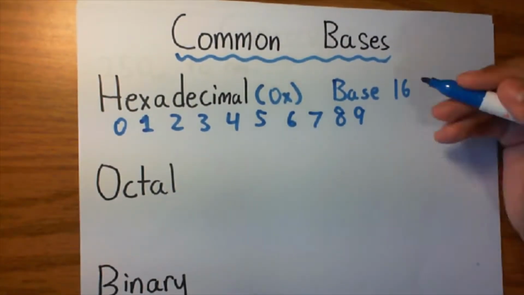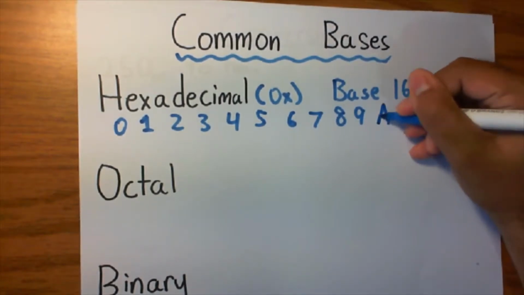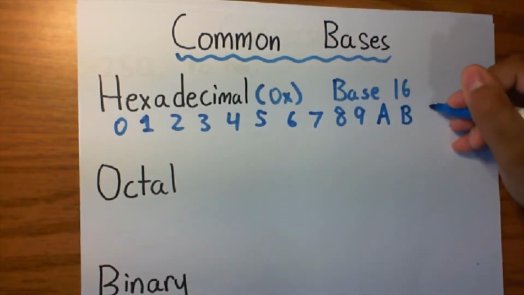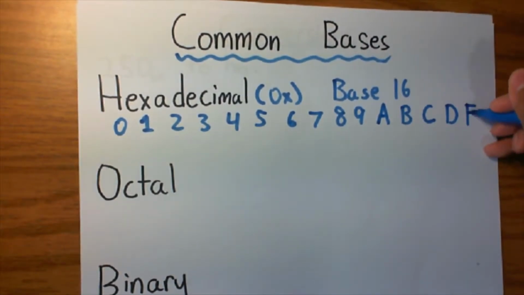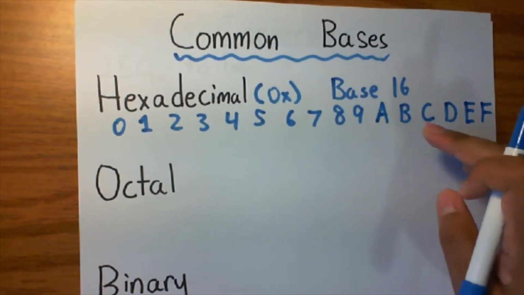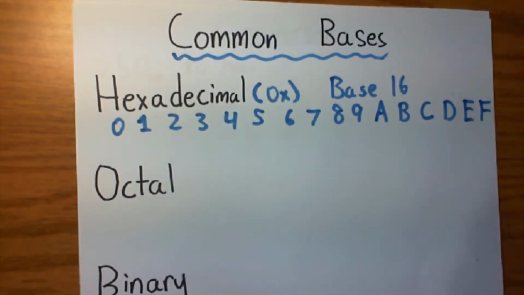Then we go on and do A, B, C, D, E, and F. So it's 9, 10, 11, 12, 13, 14, 15. So we have a total of 16 possible values, 0 to 15.